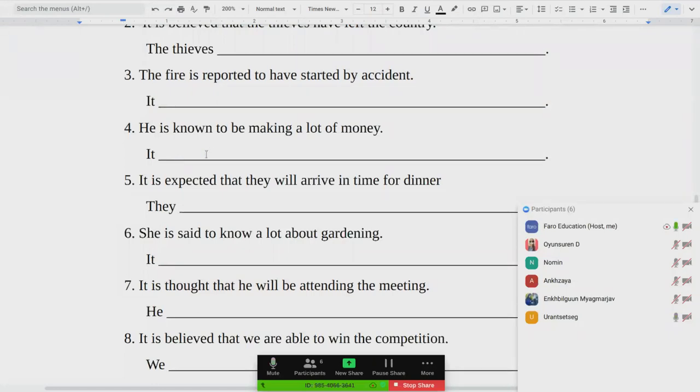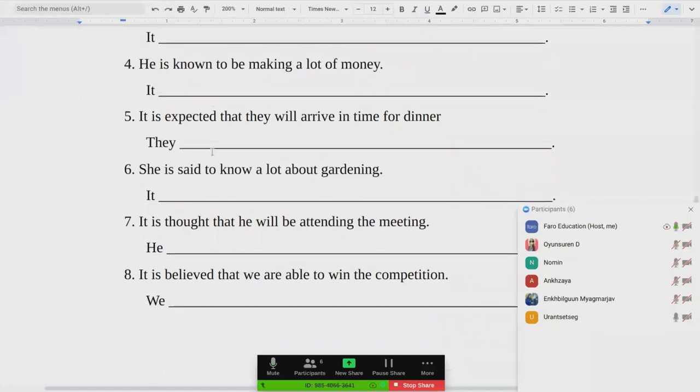It is known that he is making a lot of money. He's making a lot of money.